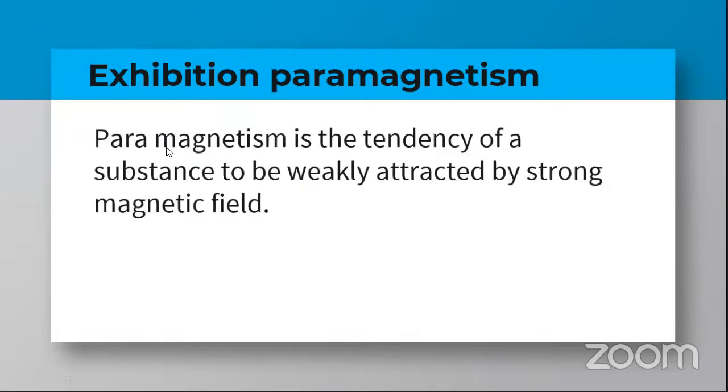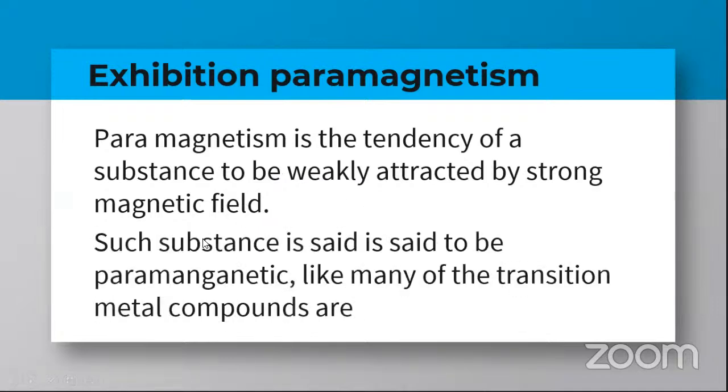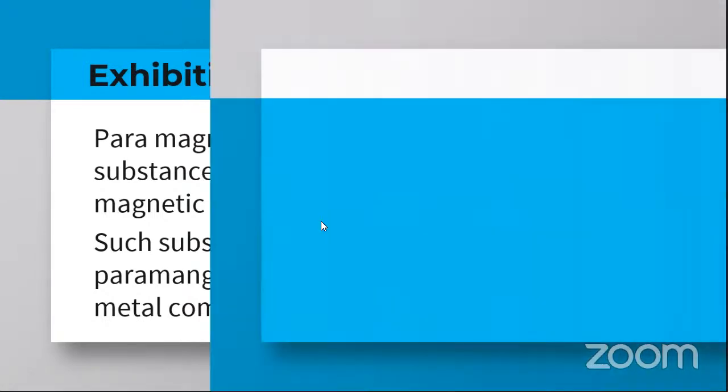So paramagnetism is the tendency of a substance, in this case metals, to be weakly attracted by a strong magnetic field. Such a substance is said to be paramagnetic, like many of the transition metal compounds.